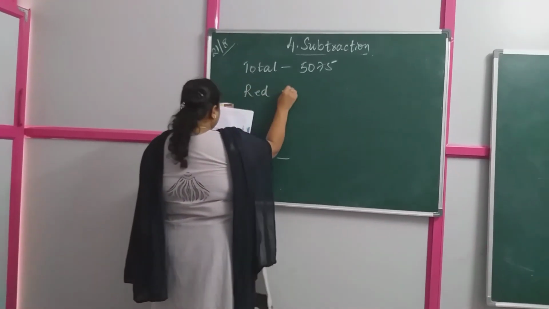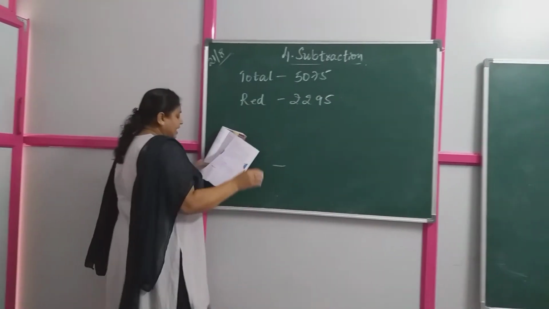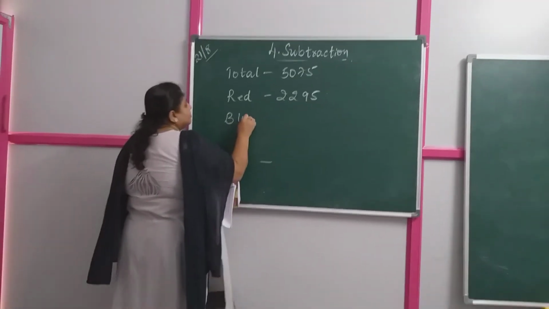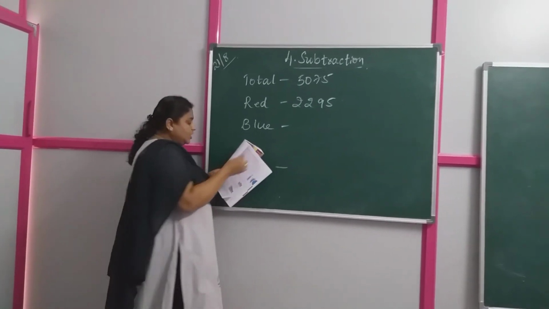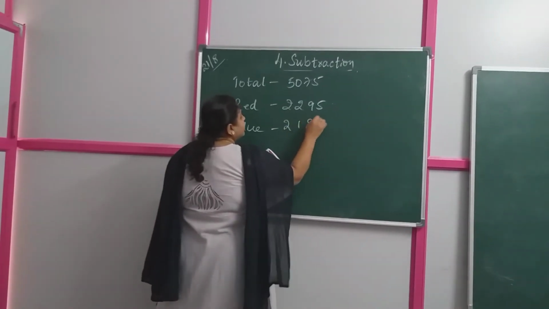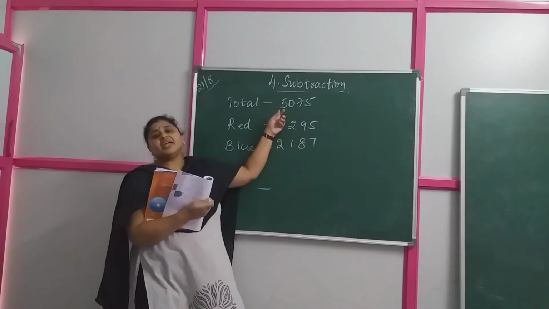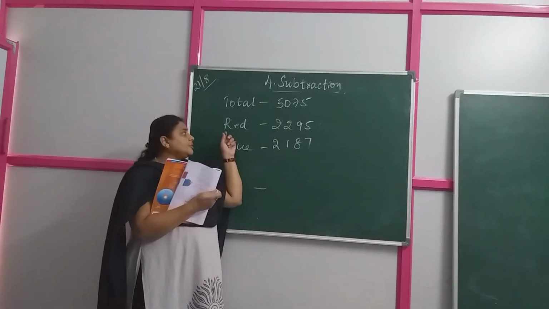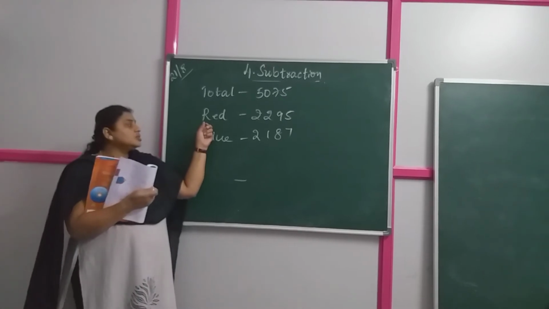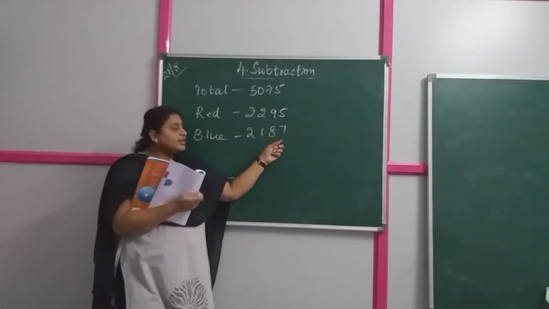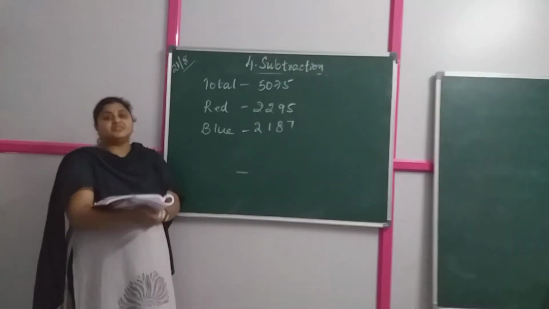How many red balloons did she distribute? 2295. And blue balloons also, because these balloons are of different colors. And blue balloons, 2187. So among these 5075 colored balloons, Jaya distributed 2295 red balloons and 2187 blue balloons. How many balloons were left with Jaya?